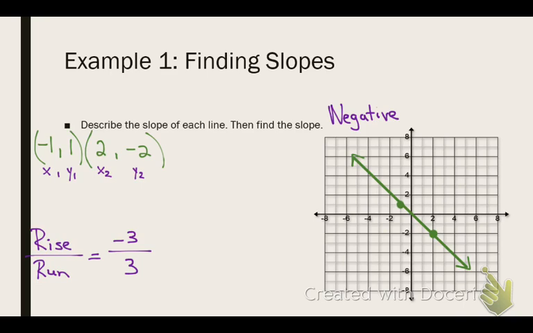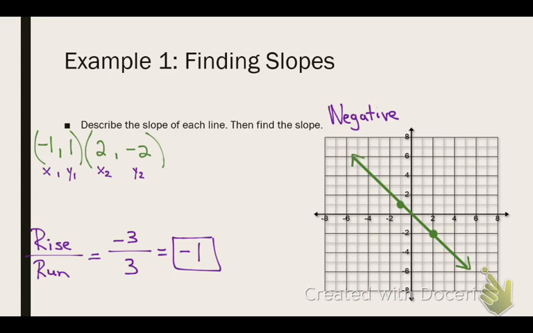I have to take off if you make your run negative. When you're moving left to right, you're never moving negative. Okay, so that's important. Can I reduce -3 over 3? Yeah, I can. It's -1. Don't change improper to a mixed number, though. Okay, but you can reduce or simplify.